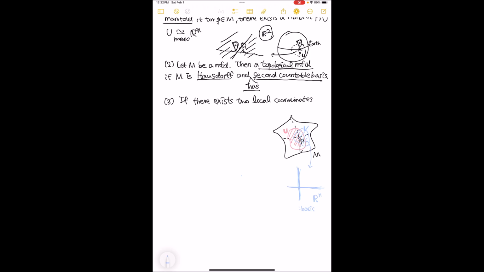The basis is not unique, so whenever we take a neighborhood, we can take a different basis. This is R^n, but if we take a basis B, and if we take a basis C, it is not the same, it is a different basis.